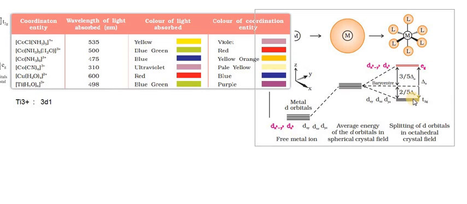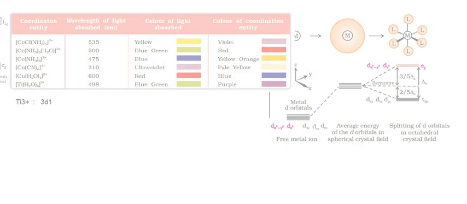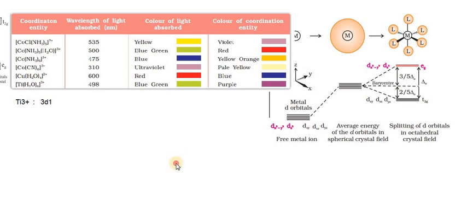So one electron is moved from the t2g1 to the t2g0 eg1 level. In the excited state the electronic configuration becomes t2g0 eg1. This is the excited state electronic configuration. Consequently the complex appears violet in color. The crystal field theory attributes the color of coordination compounds to d-d transitions of these electrons.